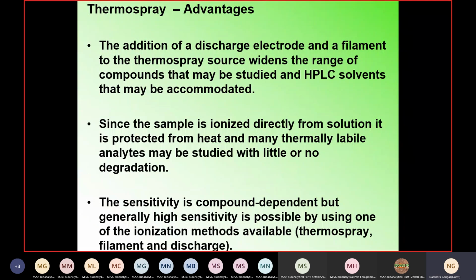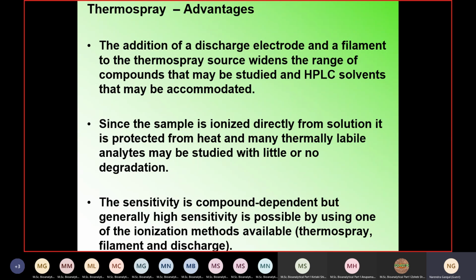Another advantage is that there is a discharge electrode and a filament in the thermospray, as we saw. It allowed ion formation not only based on the thermal principle, like only heating, which was the initial thing. Subsequently, when the discharge electrode and filament were introduced, they allowed charging of the species to a greater extent.